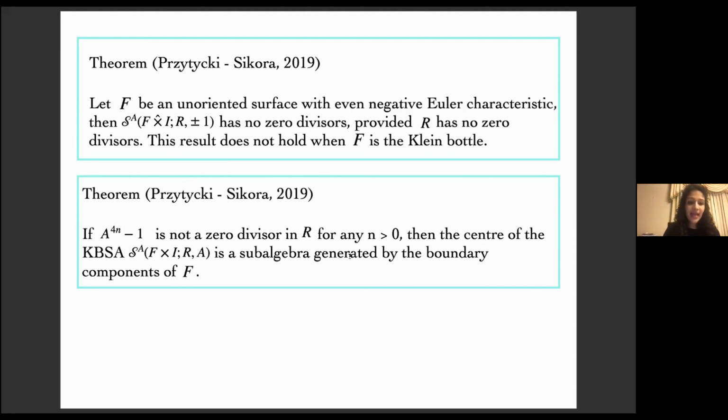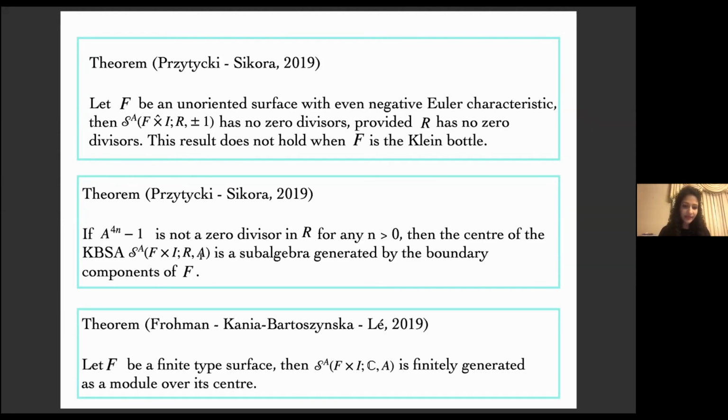All right. Now, if we replace this variable A with a complex root of unity, then threading the links with Chebyshev polynomials gave rise to this theorem by Charlie Frohman, Kania-Bartoszynska, and Le, where they showed that if F is a finite type surface, meaning it's a closed connected oriented surface with finitely many points removed, then the Kauffman-Bracket skein algebra of the surface I-bundle over this field with the variable A is finitely generated as a module over its center.